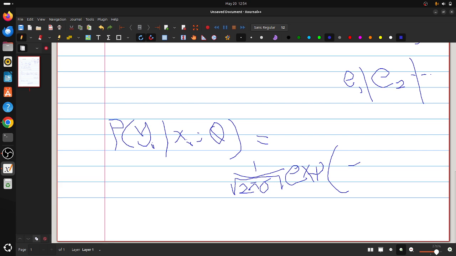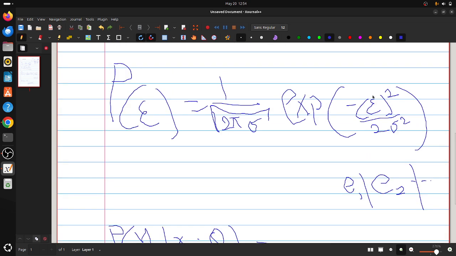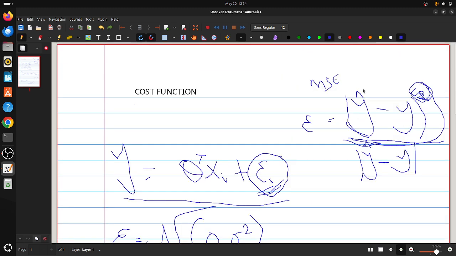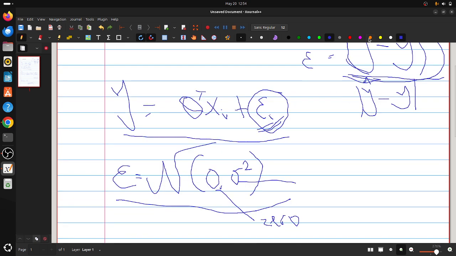minus. What we are going to do is put in the value of the error term from our equation here. From that equation, the error term will be equal to yi minus the transpose of theta xi. That is the error term, so this is what we substitute into the other equation.